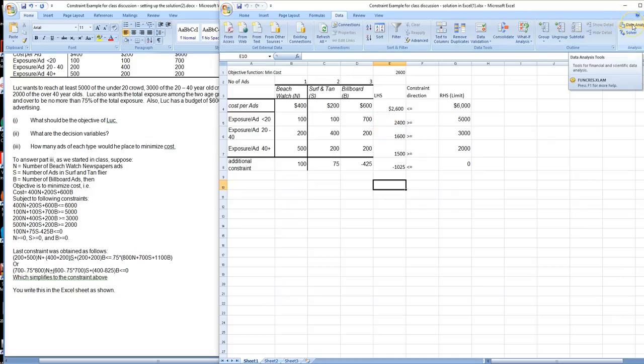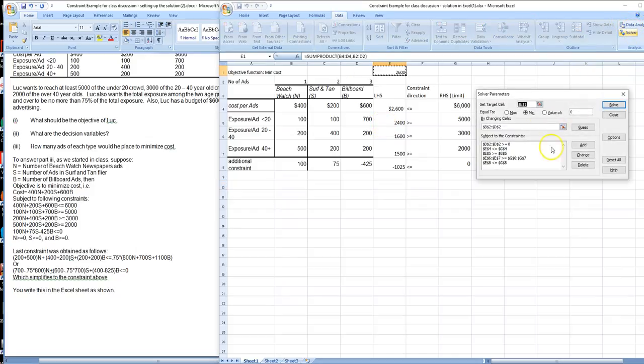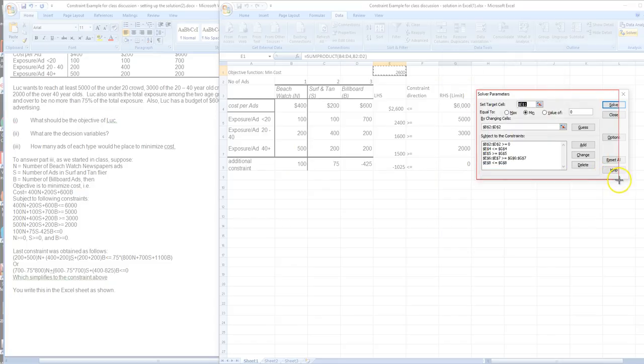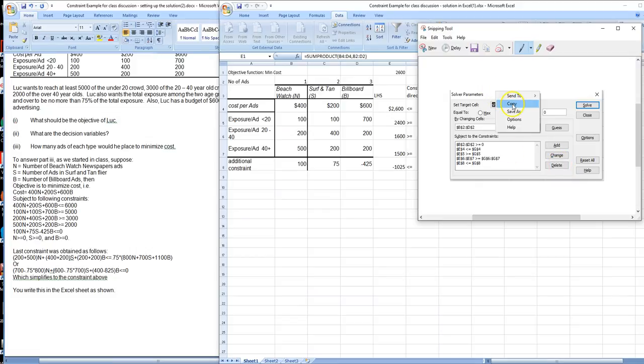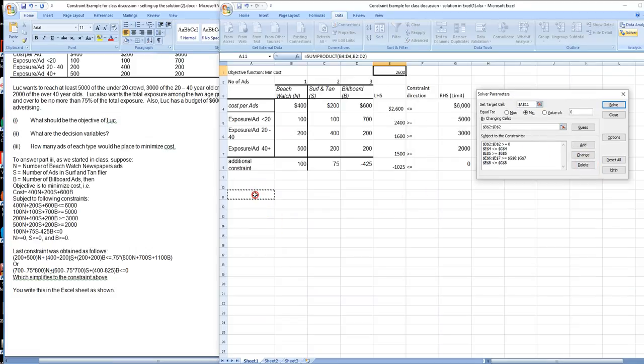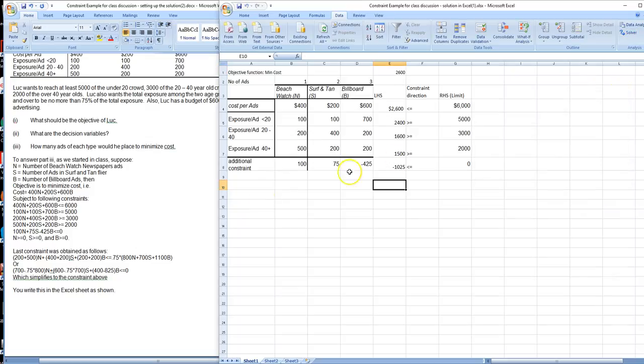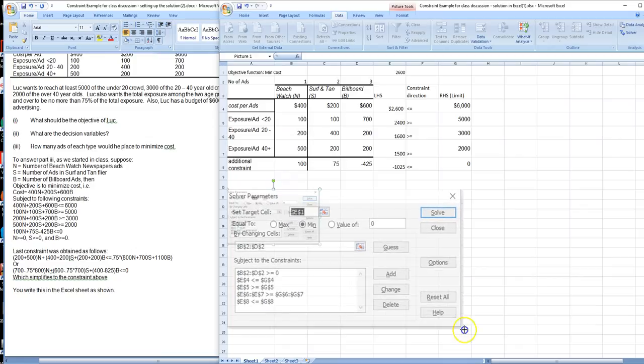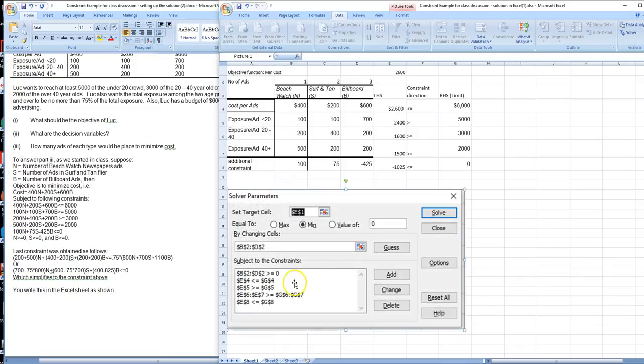And if you now again go and say solver, this was the table we had. So for your record, I would just make a copy of this and post it. So I just use the snipping tool and then just copy it and then paste it here. So this, you can see the constraints that I have added.